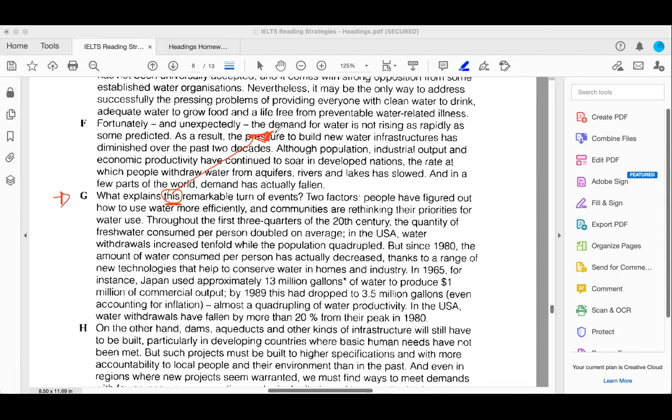Is it clear? Yes. So this replaces the main idea here. What was the main idea of this body paragraph? The demand of water is not rising. Downward trend. So this sentence reads, what explains the fact that the demand for water is not rising? Do you understand it now? So this sentence here, instead of this, we have this idea. What explains the demand for water not rising? So what is the right heading here?